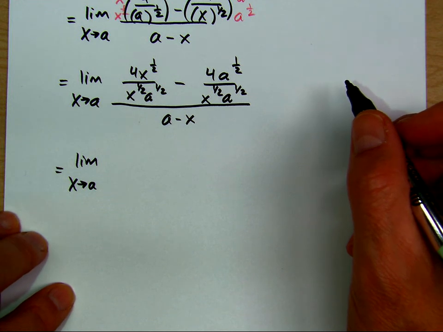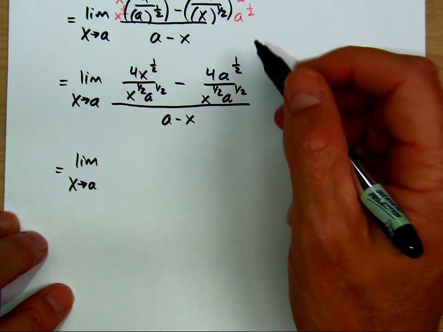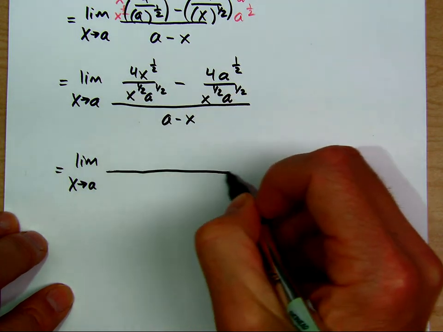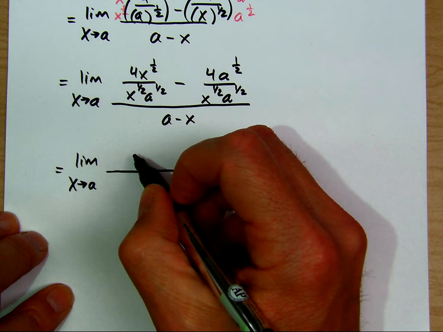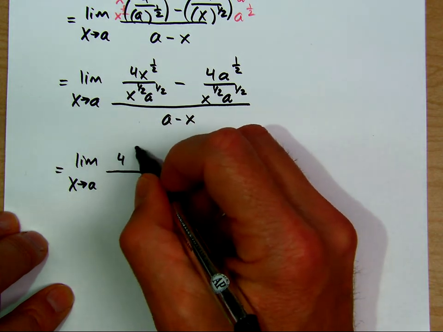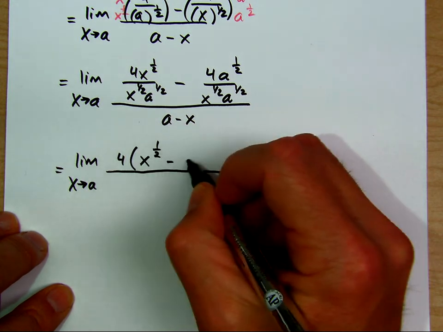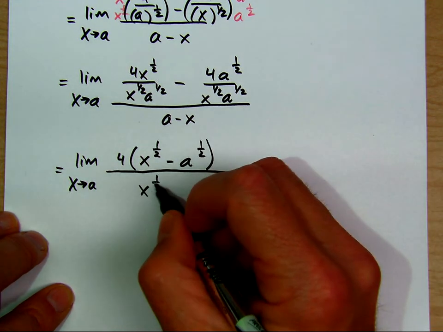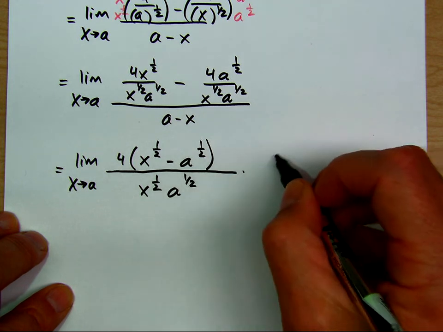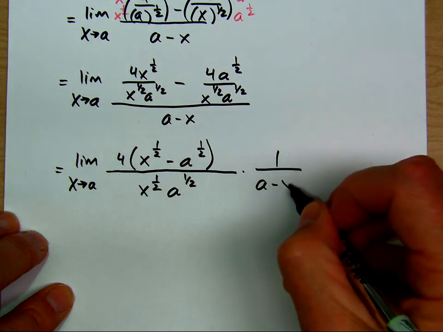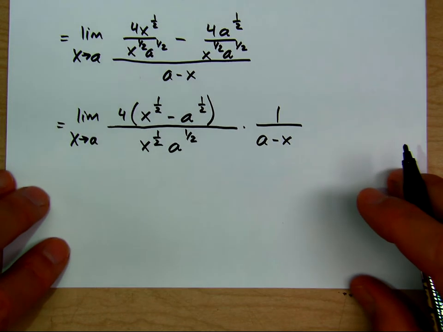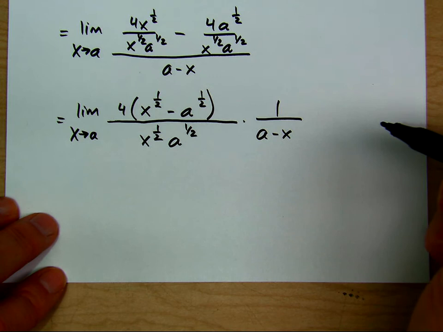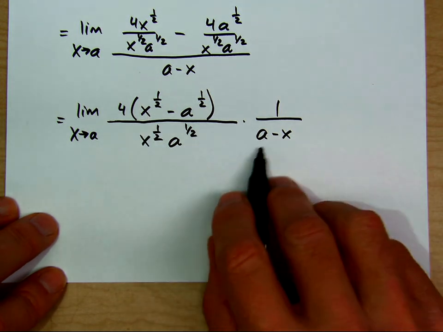All right, and now let's take a 4 out of the numerator. And then the denominator is x to the 1/2, a to the 1/2, and let's just multiply by the reciprocal of the denominator. Since we have an x first here, let's put an x first there.